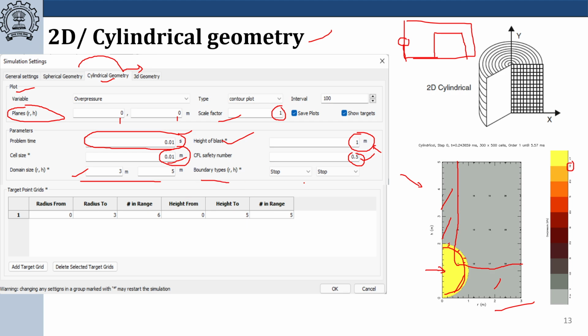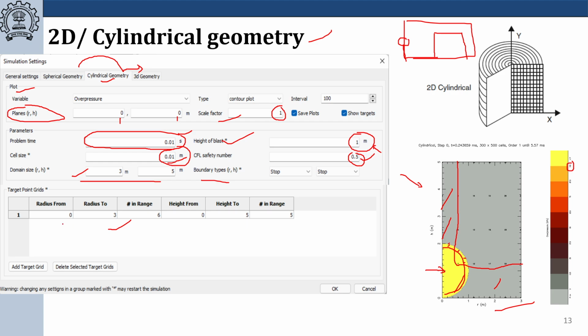And boundary type: when your shock front reaches the boundary, it will stop the simulation and remap into the three-dimensional geometry. Target points are basically the locations at which I want to get the data, like shock data, pressure, or the parameters we require. Choose the options carefully.